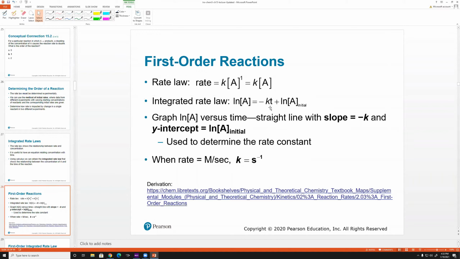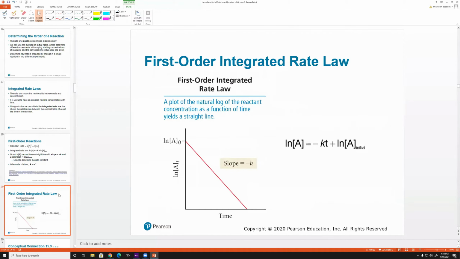What this means is that the rate constant is going to be in per second, because the rate is going to be molarity per second. So here's what a first order integrated rate law looks like, where the natural log of the initial concentration of A is the y-intercept.